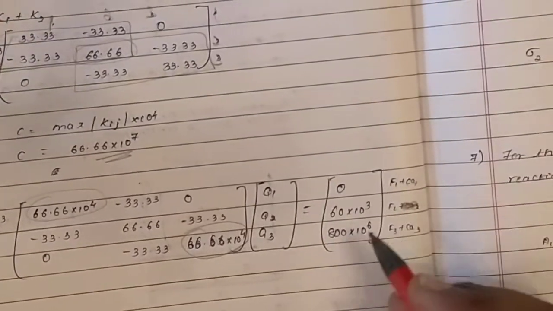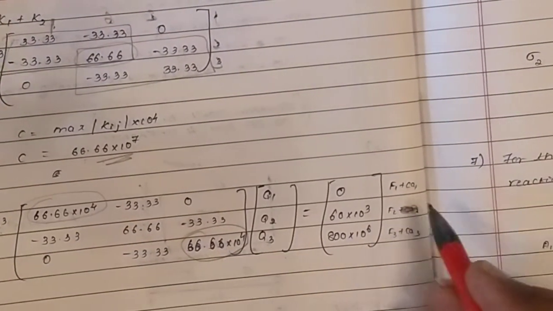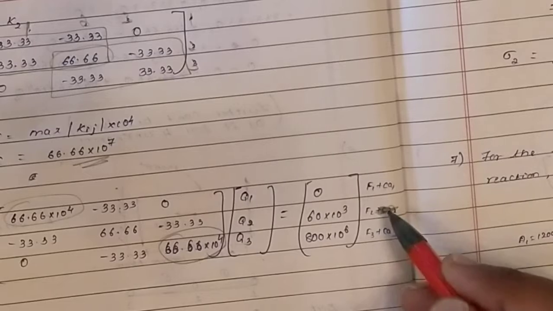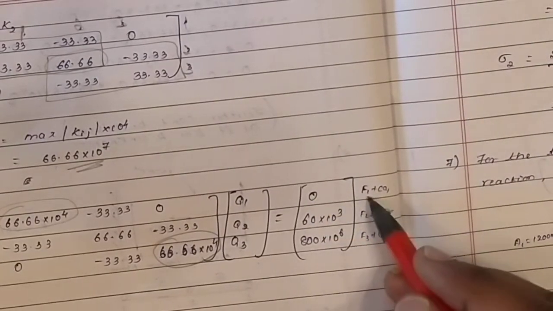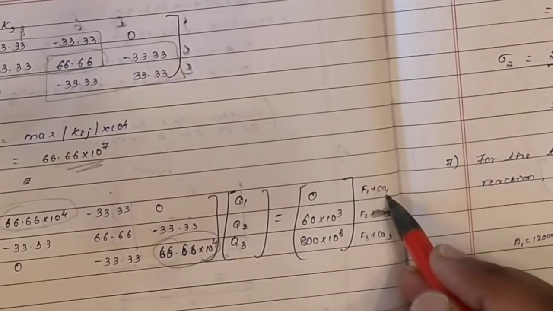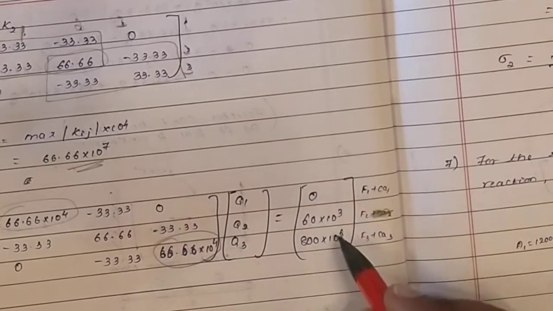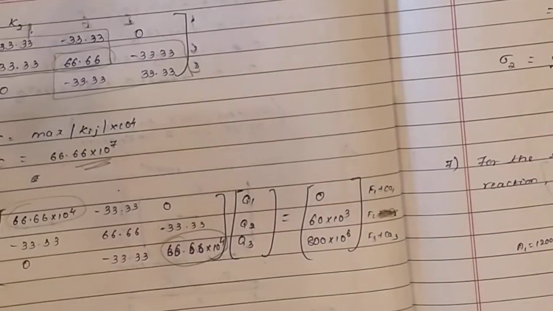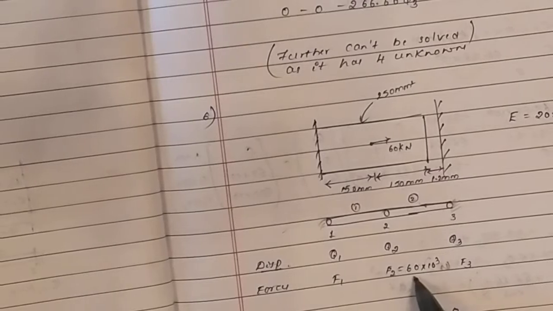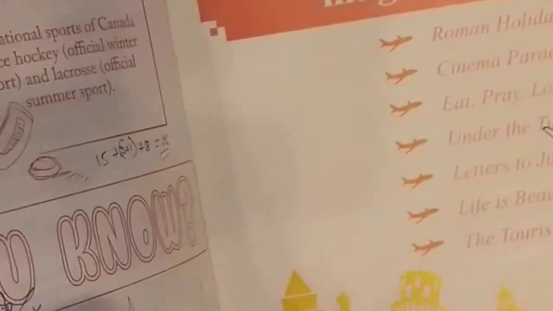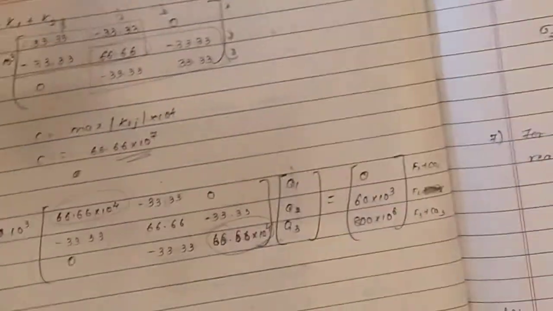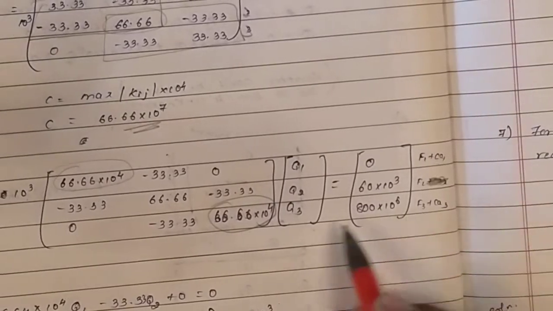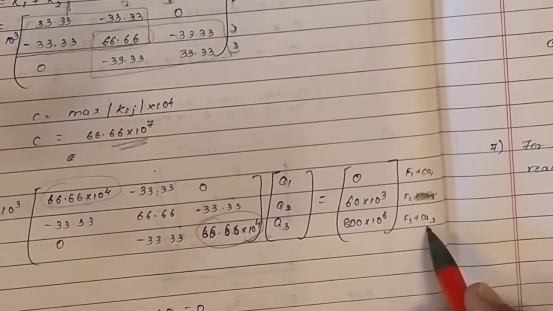Q1, Q2, Q3, and since this and this is fixed, the force values also change. The first becomes F1 plus C into A1. A1 is 0, so this whole thing becomes 0. F2 value is given, 60 into 10 power 3, in the question itself. Similarly, F3, even this is given. A3 value is given.